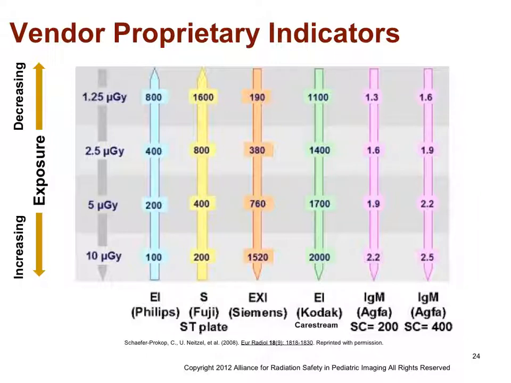And you can see that this is an inverse system. These two systems are considered inverse because the number gets smaller as the exposure increases. Whereas these are considered to be direct systems, in that the number is getting larger as exposure is increasing. But again, just pay attention to those different intervals and those different acceptable ranges.